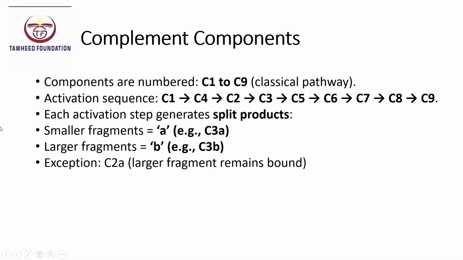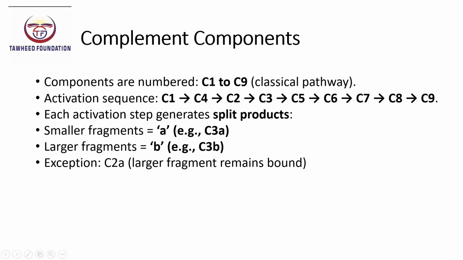When each component is activated, it is split into smaller fragments. The smaller fragment is designated by the lowercase letter a, and the larger fragment, which usually remains bound to the complex, is designated b. For example, C3 is cleaved into C3a and C3b.